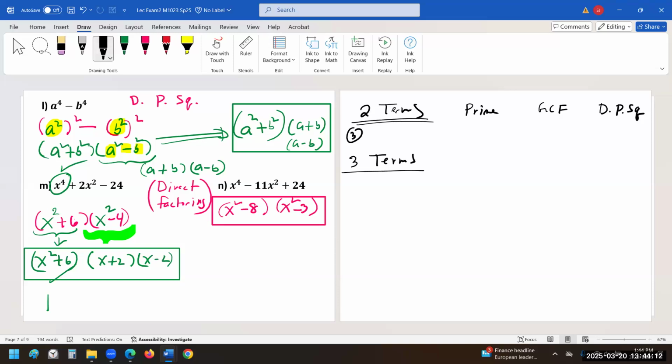Now for 3 terms, in here we have direct factoring. It means you look at the constant and you find your 2 numbers. And in chapter 6 later, we saw the SE method, right? And we also saw the trial and error method.